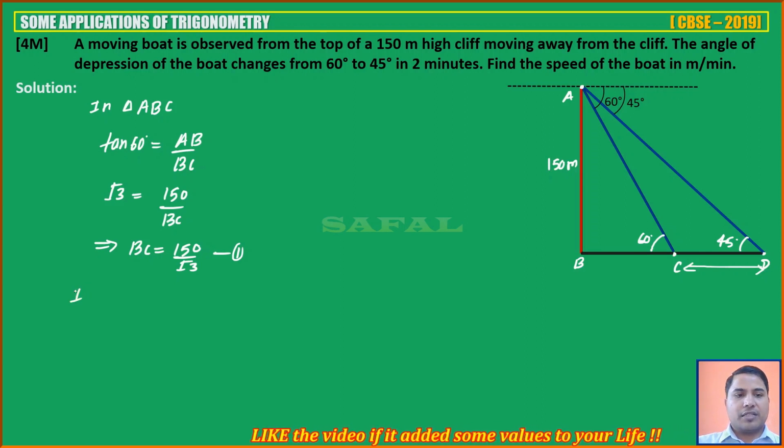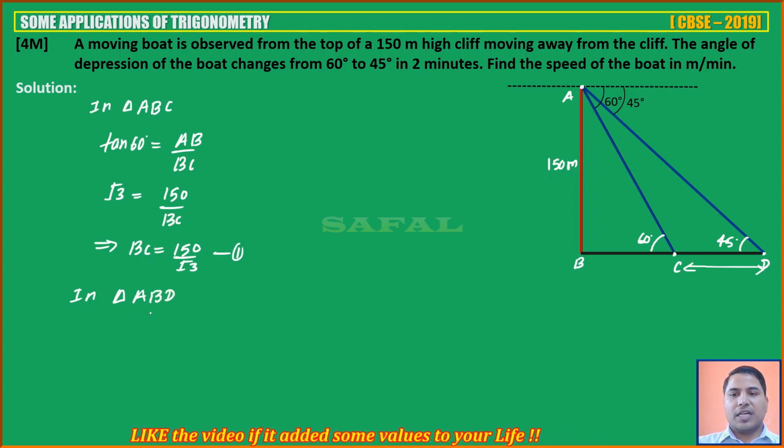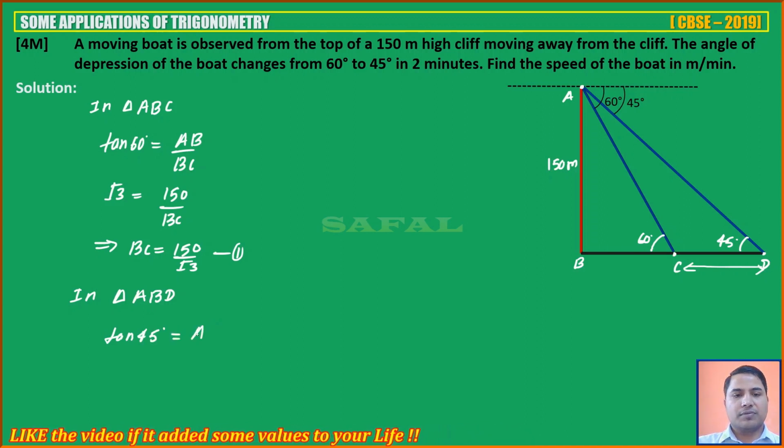Now we'll take the big triangle. So in triangle ABD, I can see that tan 45 degrees equals AB by BD. Tan 45 is 1, so 1 equals AB by BD.